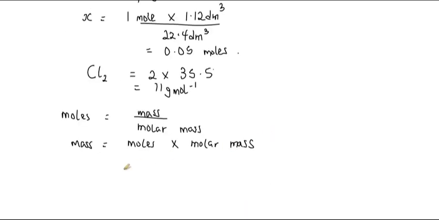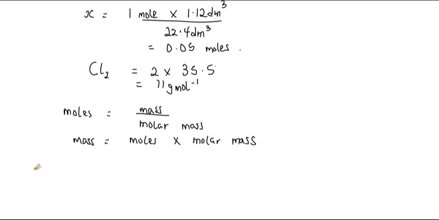Then we can say mass of chlorine gas, that is Cl2, will then equal the number of moles, which is 0.05, multiplied by the molar mass, which is 71 grams per mole.